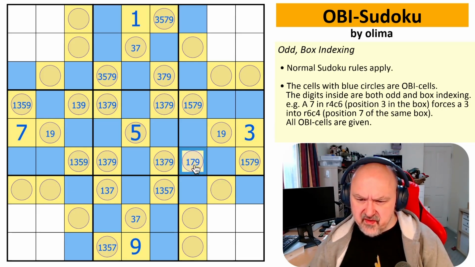So this means that there's a 7 in one of those spots, which I've got. This means that there's a 9 in one of those spots, which I've got.